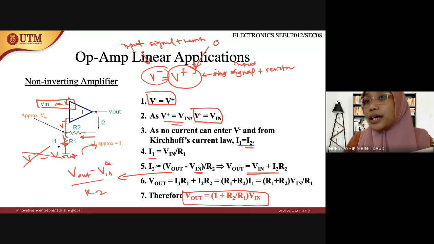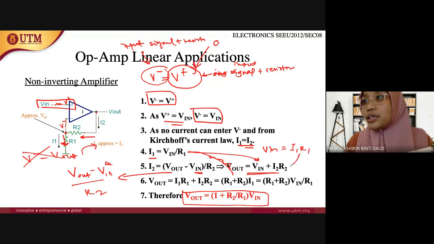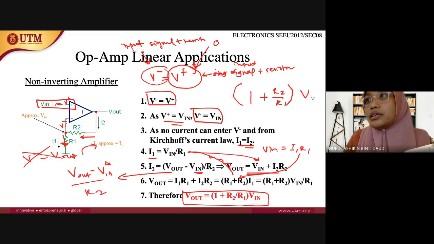From I1, V input over R1, you can rewrite it inside this equation, where V input is equal to I1 R1. Then from here you can factorize, and lastly it will become 1 plus R2 over R1 times V in.